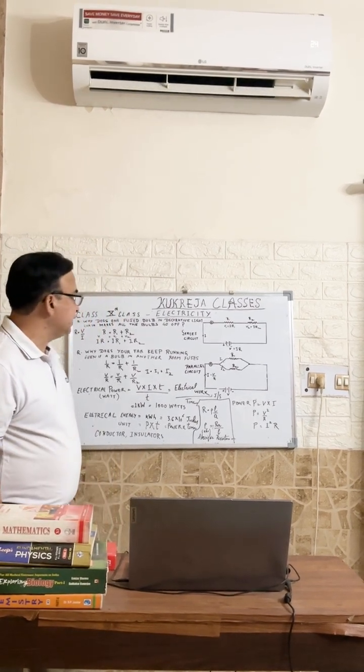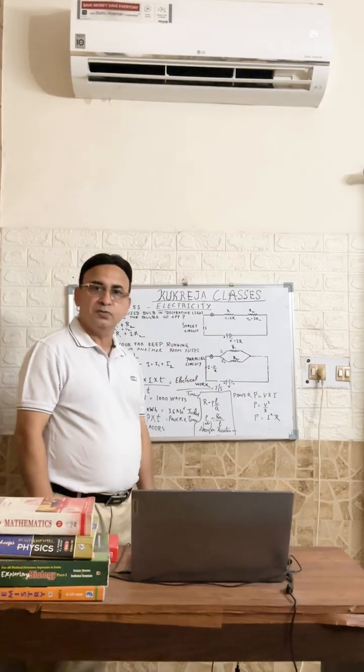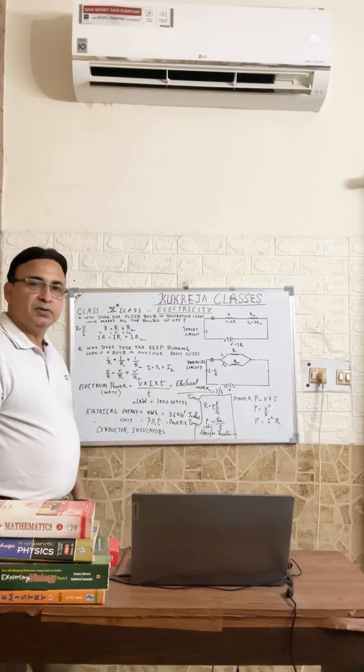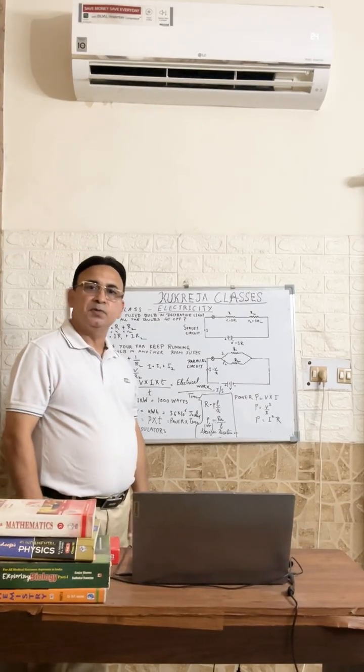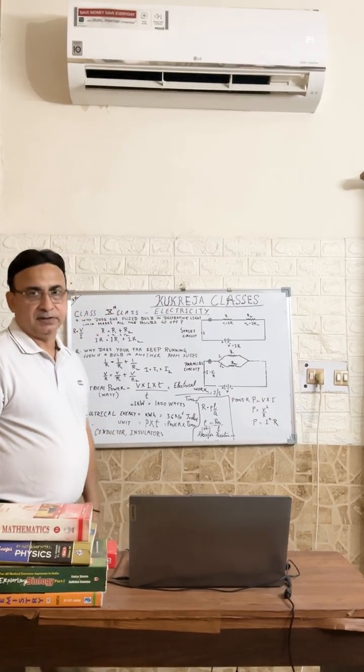Before studying series circuits and parallel circuits, we should have knowledge of Ohm's law. As per Ohm's law, the current flowing through a conductor is directly proportional to the potential difference across the ends of the conductor.